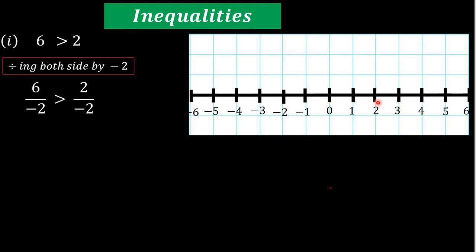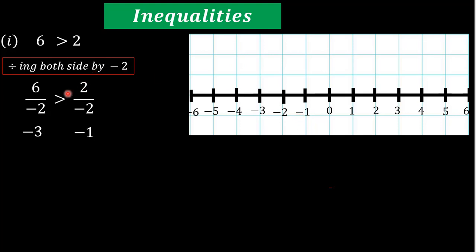Now by simple mathematics rule, 6 over minus 2 will give us minus 3. The right hand side of the inequality becomes minus 1. But now if we see, students, on the number line, minus 3 is to the left of minus 1. What does that mean? Minus 3 is lesser than minus 1.